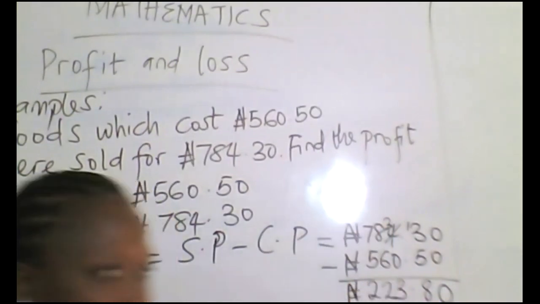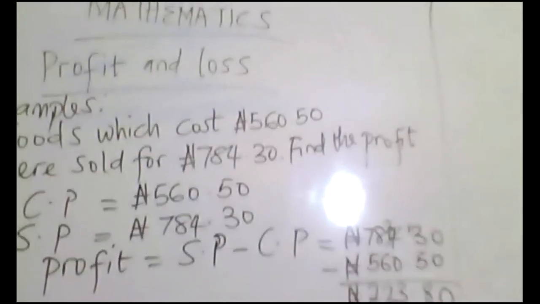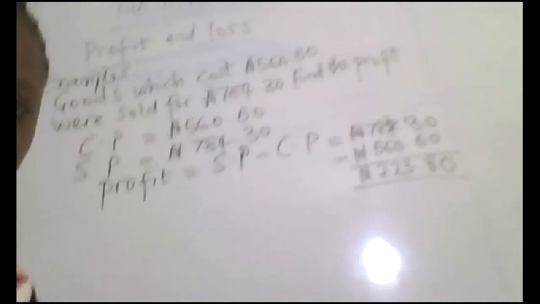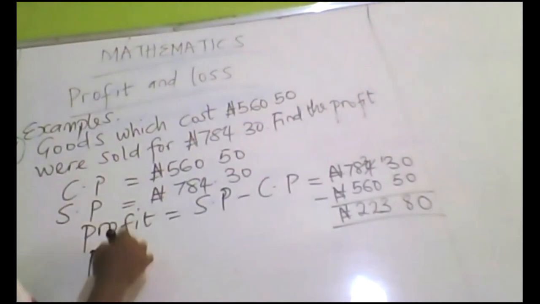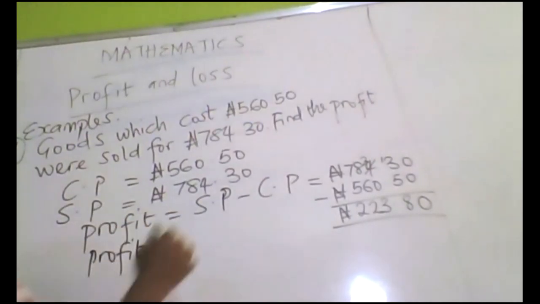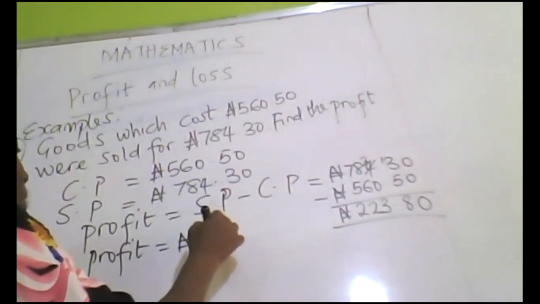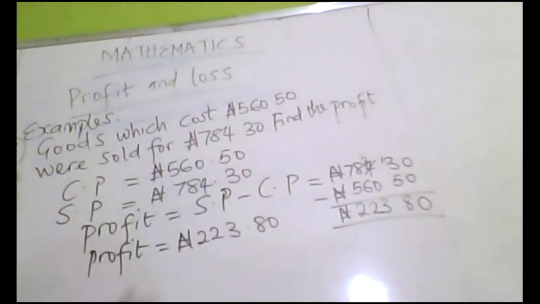So our profit is equal to 223 naira 80 kobo. That is our profit.